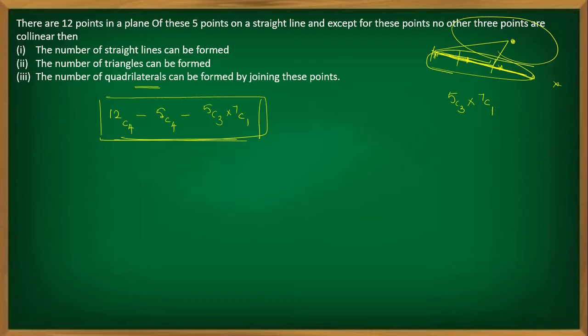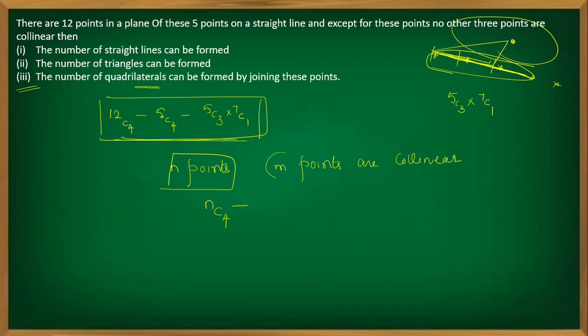Now, if you want to generalize this, let us suppose n points are given in a plane, among which m points are collinear. How many quadrilaterals can be formed? To form quadrilaterals, we need 4 points from n points, so we write nC4.